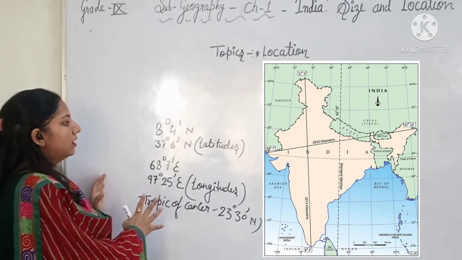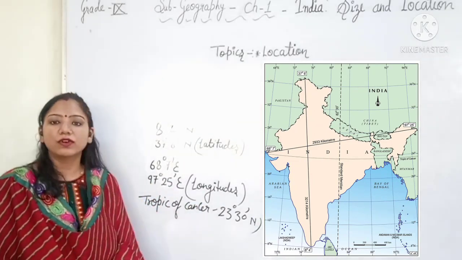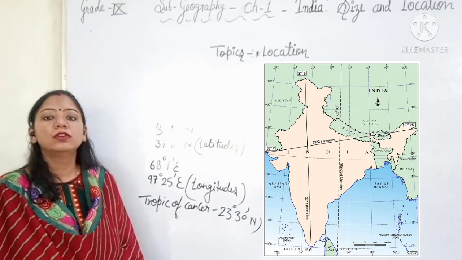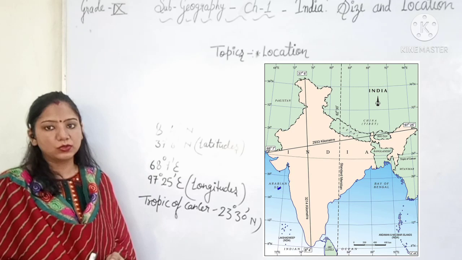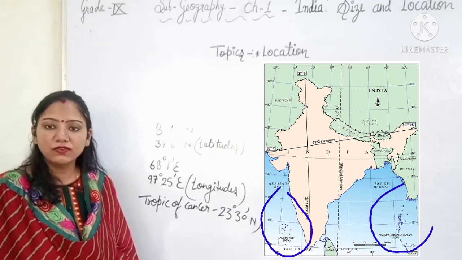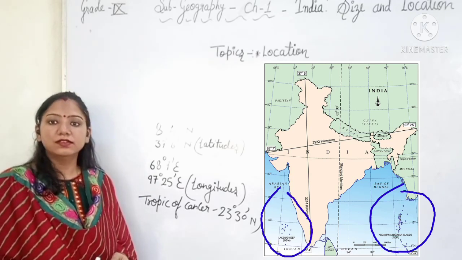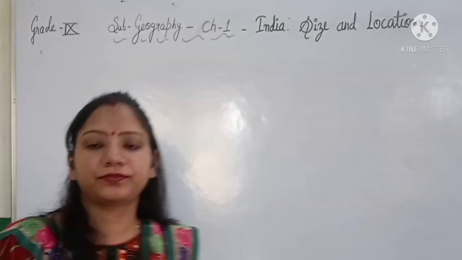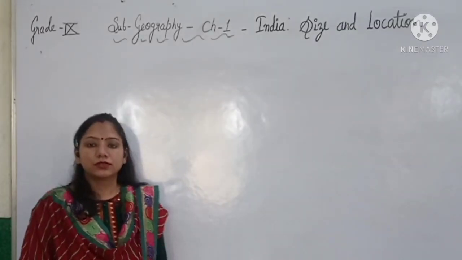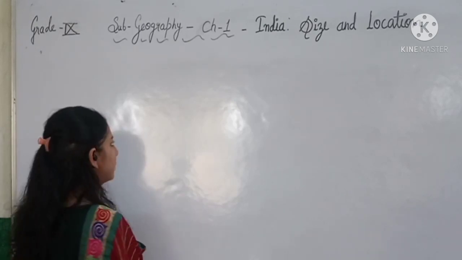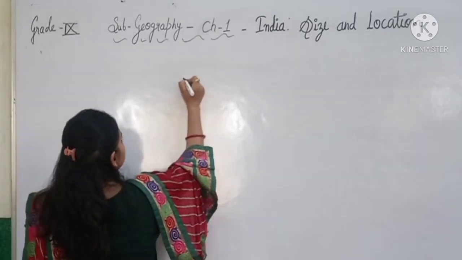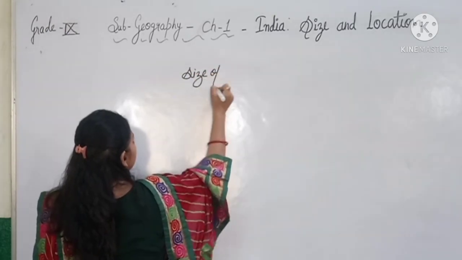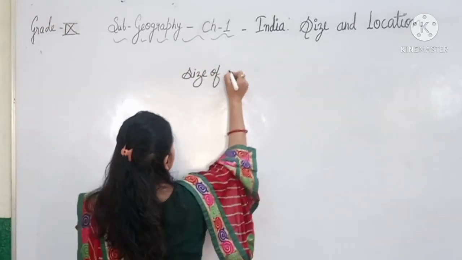So it is the exact location of our country. In this we can include two more things also, that is the Lakshadweep Islands and the Andaman and Nicobar Islands. So students, now let's see our next topic, that is the size of our country, India.